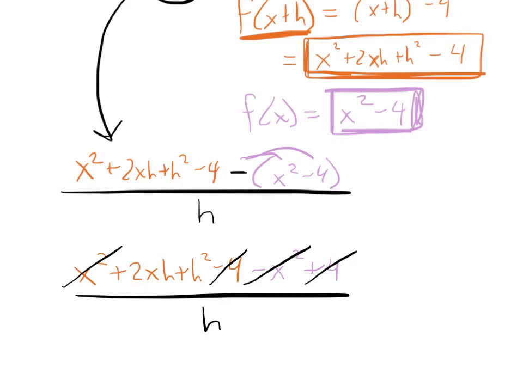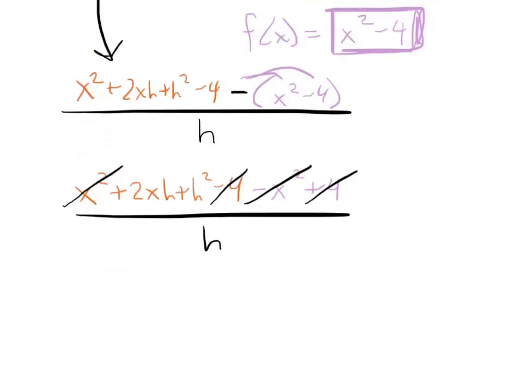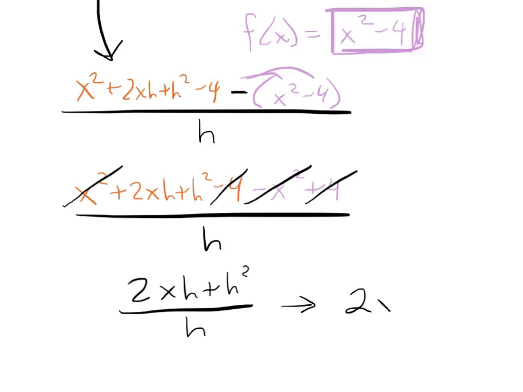So when I do that, what I have left is 2xh plus h squared all over h. And because all three of these terms have an h in them, I can effectively divide out that h, and end up with just 2x plus h.